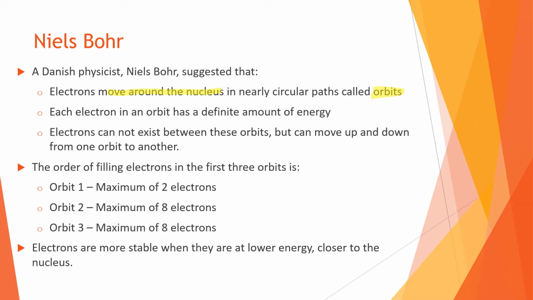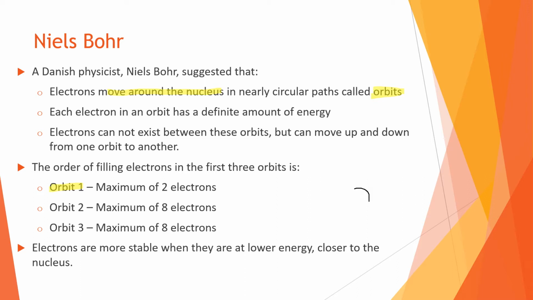So the order of filling electrons in the first three orbits is, in orbit 1, there is a maximum of 2 electrons. So I'm actually going to draw a little diagram here. We'll see more of these in the future slides.